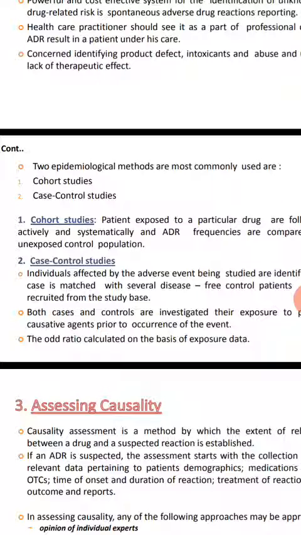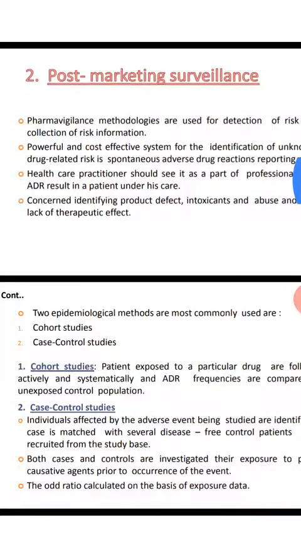Mainly there are two types of methods: case series, cohort, case control method, even cross-sectional also. In detail I will tell you, many post marketing surveillance reporting methods are available other than these three.